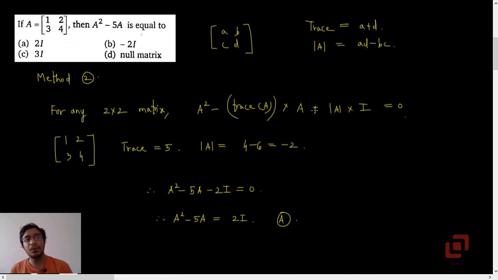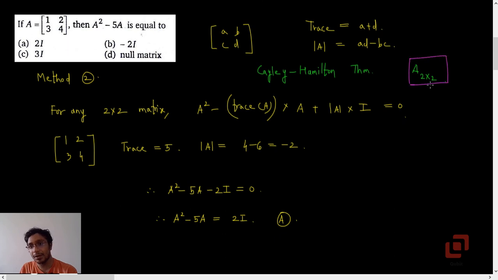This method is based on a theorem known as the Cayley-Hamilton theorem. I will not tell you the general statement, but we will stick to any square matrix of order 2. The theorem applies to any square matrix, but let's stick to 2 by 2.